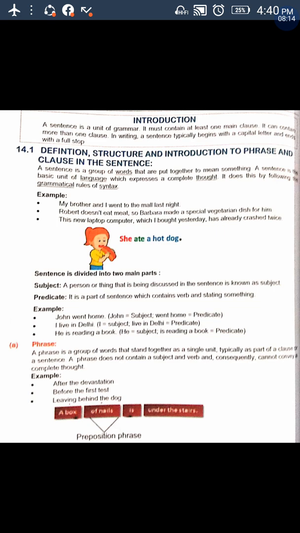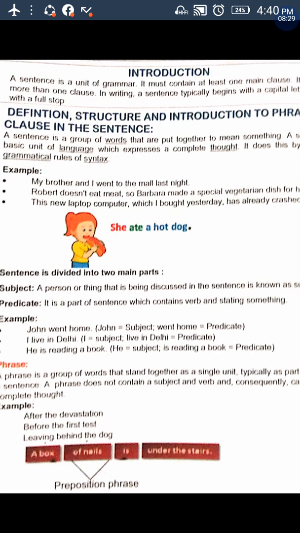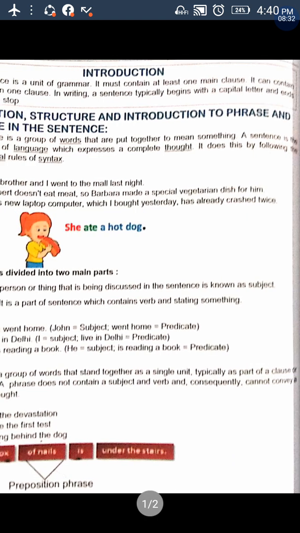What is a subject? A person or thing that is being discussed in a sentence is known as a subject. A person or thing about whom you are speaking in a sentence is known as the subject. And what is a predicate?